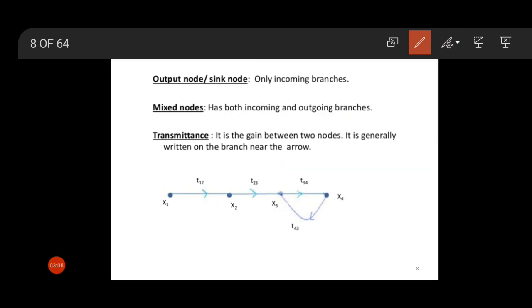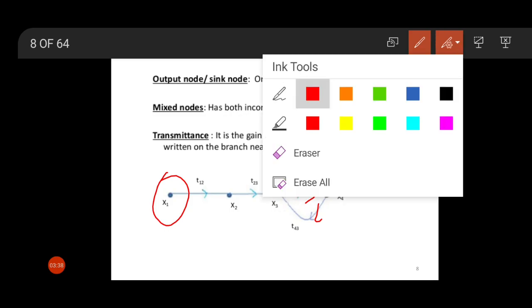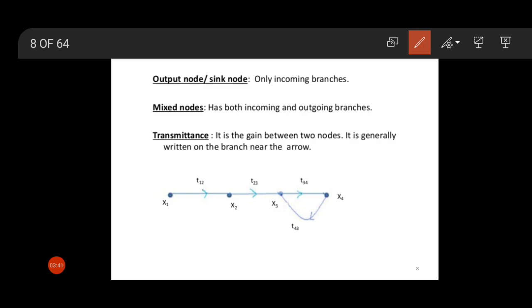The next node is x3. Same, x3 has an incoming branch and an outgoing branch. Now see the third node, x4. x4 also has an incoming branch and an outgoing branch. So these 3 nodes, x2, x3, x4, are mixed nodes and x1 is our only input node because it has only outgoing branches. Clear? Now come to the next term.